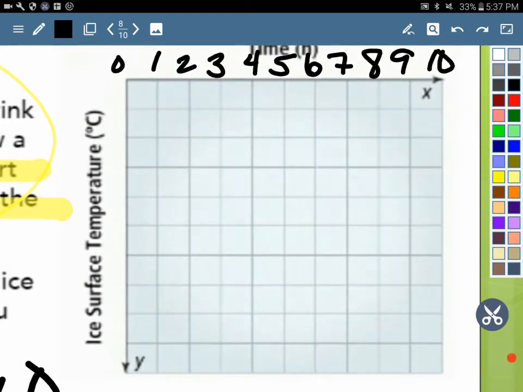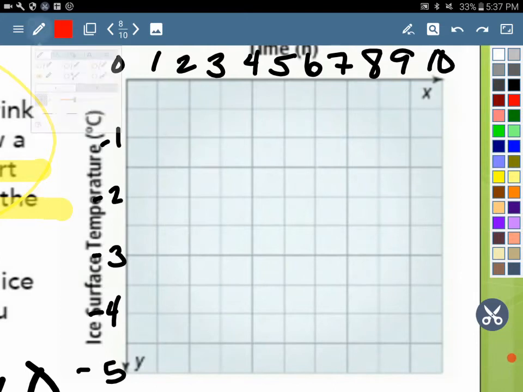If I start at 0, skip a grid line and go to the second grid line, I'm going to call that one negative 1. Skip another grid line and go to the next one, that's negative 2. So I'm counting by 1s downwards, but skipping a grid line every time to space it out a little bit so that I can use the entire graph and all the points are nicely spaced out and we can read them very easily.